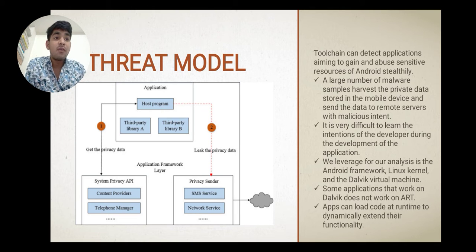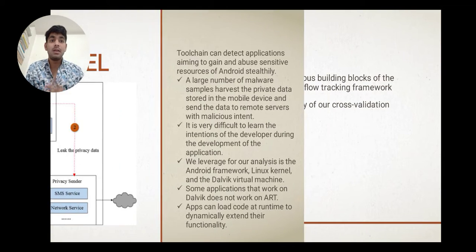What we leverage for our analysis is the Android framework, the Linux kernel, and the Dalvik virtual machine. Some applications that work on Dalvik do not work on ART. Apps can load code at runtime, dynamically extending their functionality. That is the threat model.